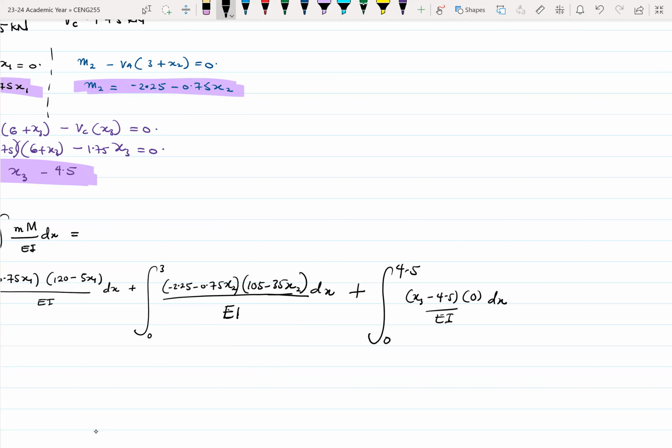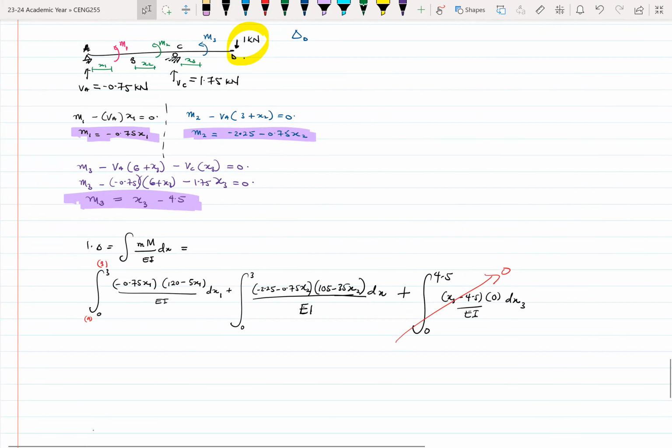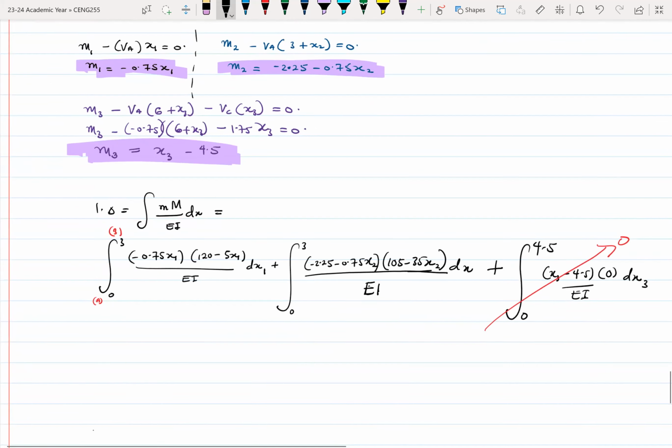Okay, and here 3, 1. So this guy here goes to 0. Let's take note of it. All right. So we can do our integration at this point. So here's span BC. This is span CD. This is span AB. Okay.